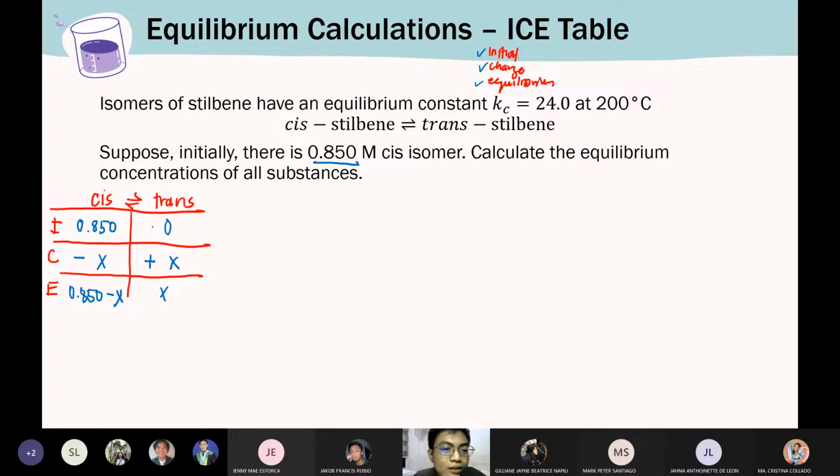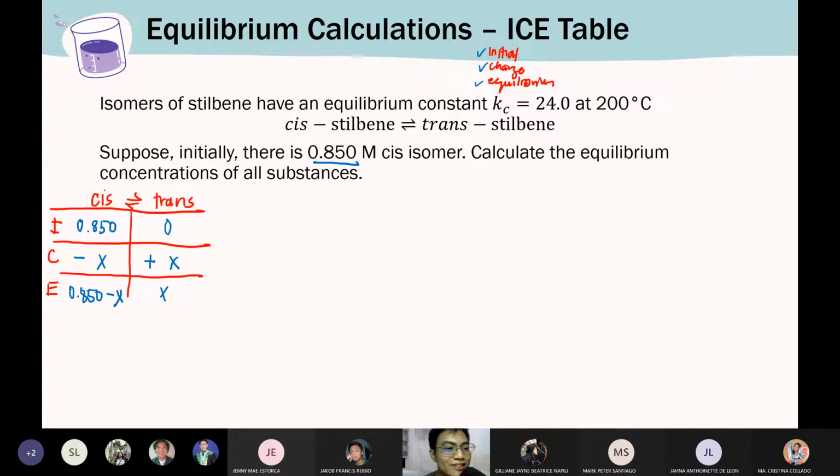Kung merong 0 dyan, edi dun papunta yung change. Dun positive yung change. And then yung non-zero, edi dun negative yung change. And then E, equilibrium, basically you just combine the I and the C, initial and the change. So 0.85 minus x, 0 plus x, which is x.